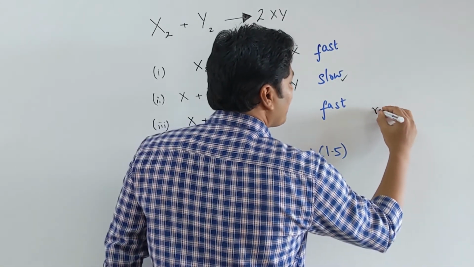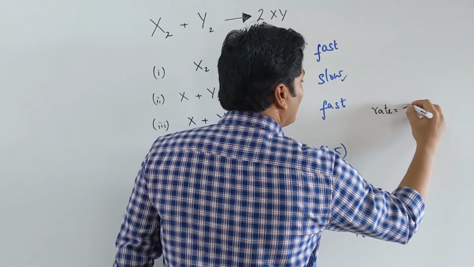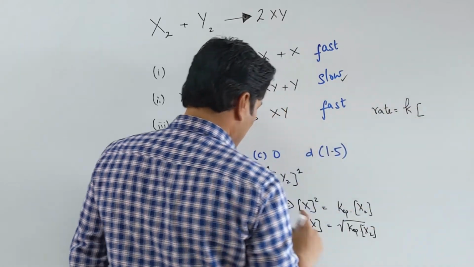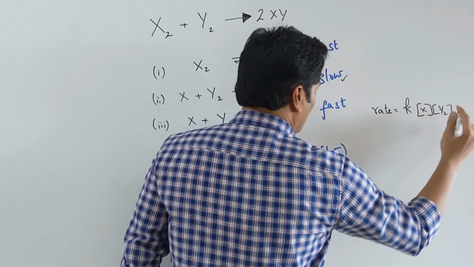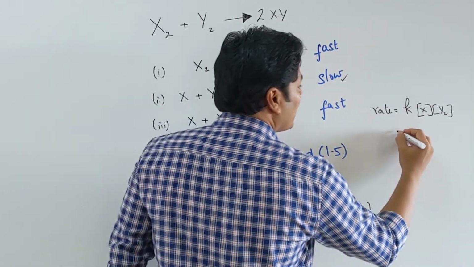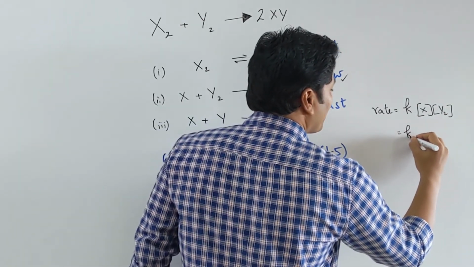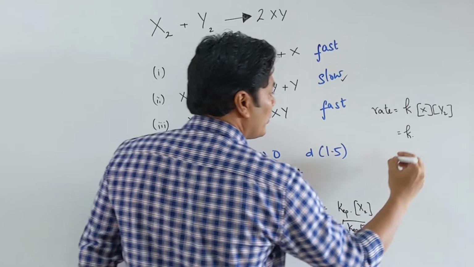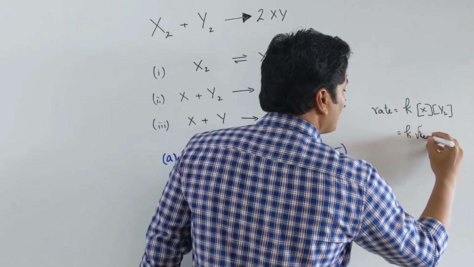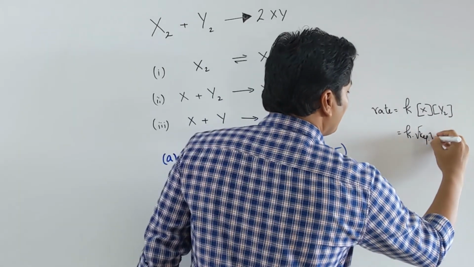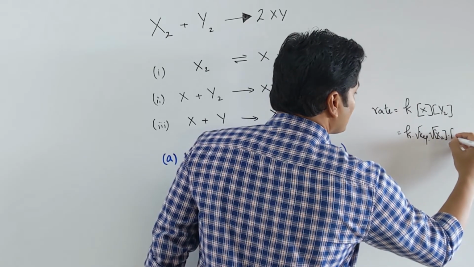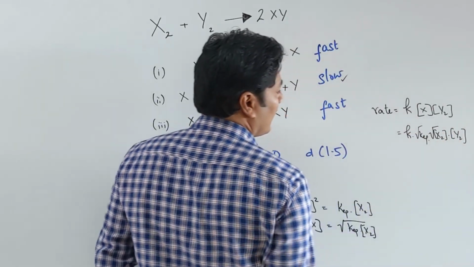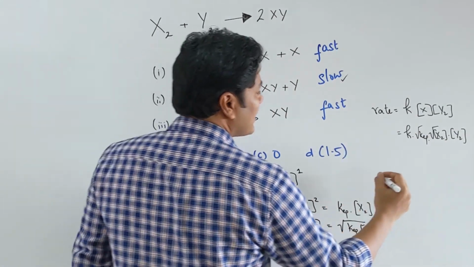So rate equals some rate constant times X times Y2. Now I am going to substitute for X: K times the square root of K equilibrium, square root of X2, times Y2.